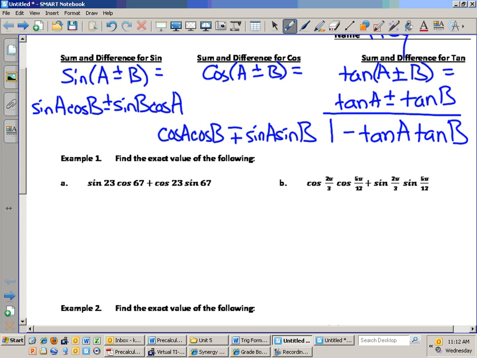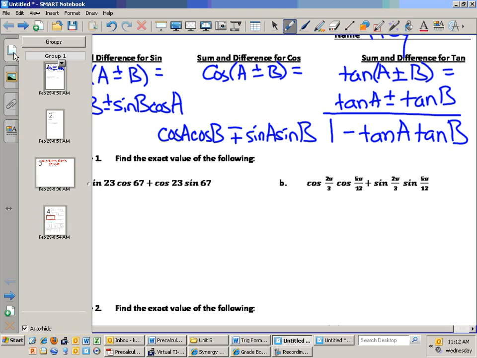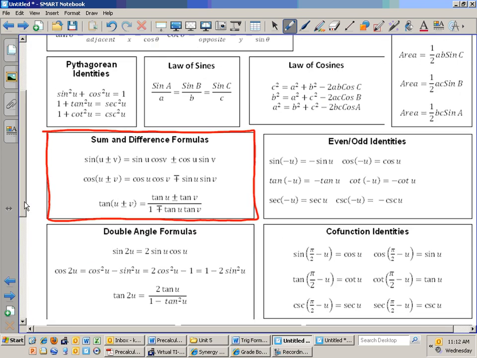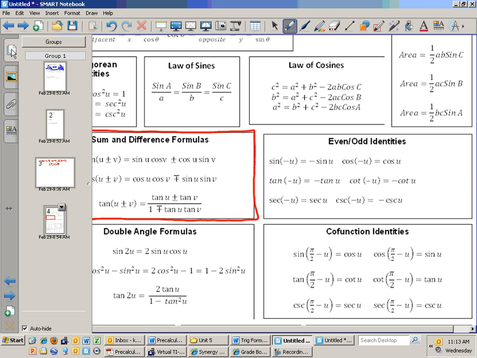So I wrote these down for you right here. They're all right here for you. When you're looking through your assignment and you need to reference something, that's the sheet of paper you want. This is what you get on your test, and you should know how to reference these formulas. Good? Let's give it a try.